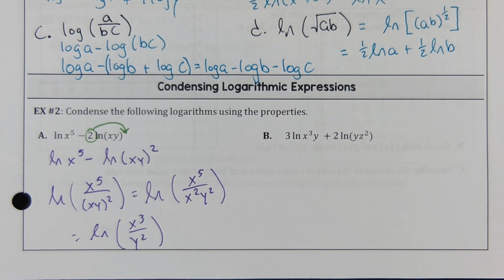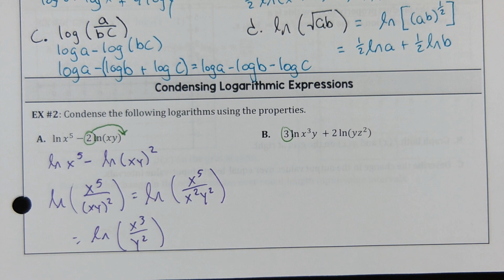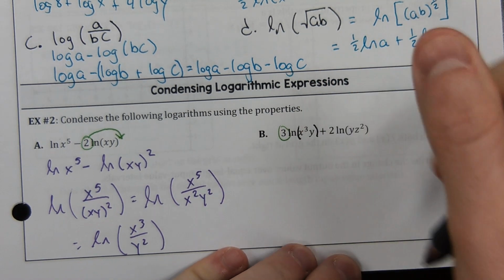That kind of thing is going to happen on the next one as well. It won't be a division though. Like we said before, you cannot condense logarithms if there's a number sitting in front of them. So you have to take this 3 and you have to move it to the power of the argument. I think that's easiest to understand if we put parentheses around our arguments.